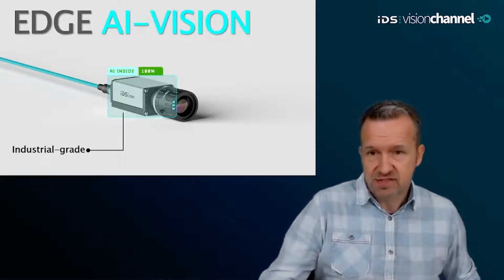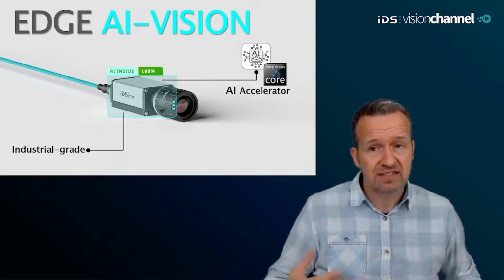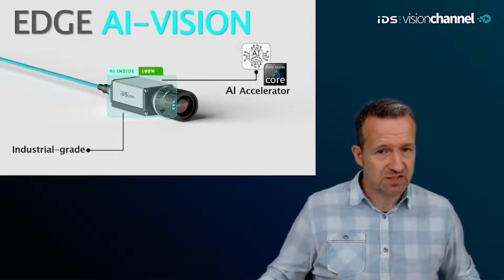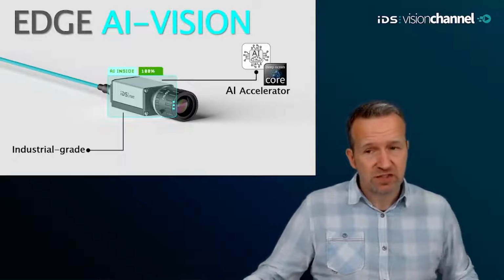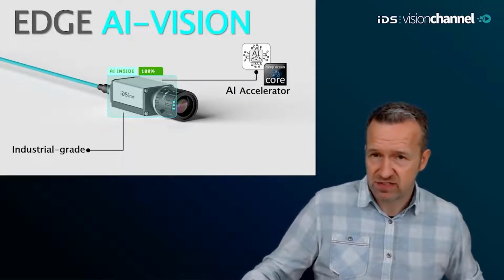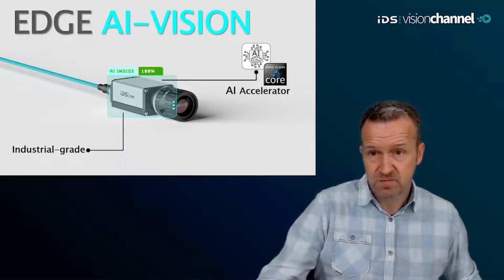For this purpose, they have their own IDS AI processor based on an FPGA, the Deep Ocean Core, which can execute neural networks hardware accelerated in the camera.